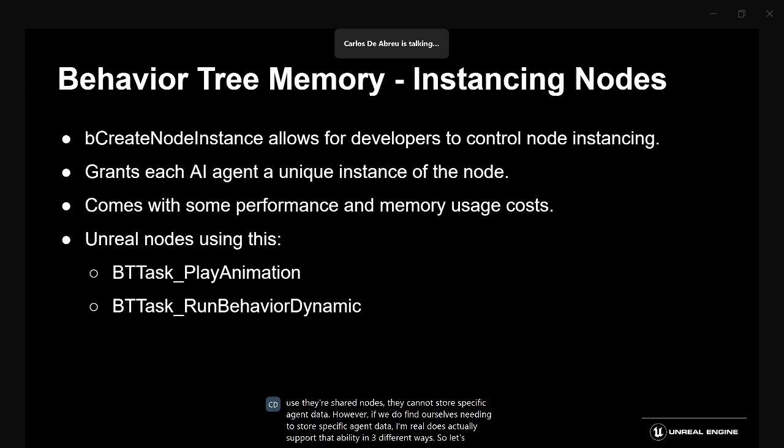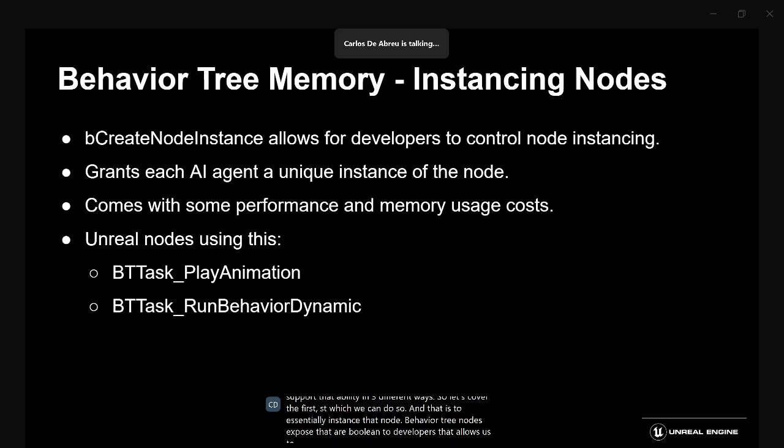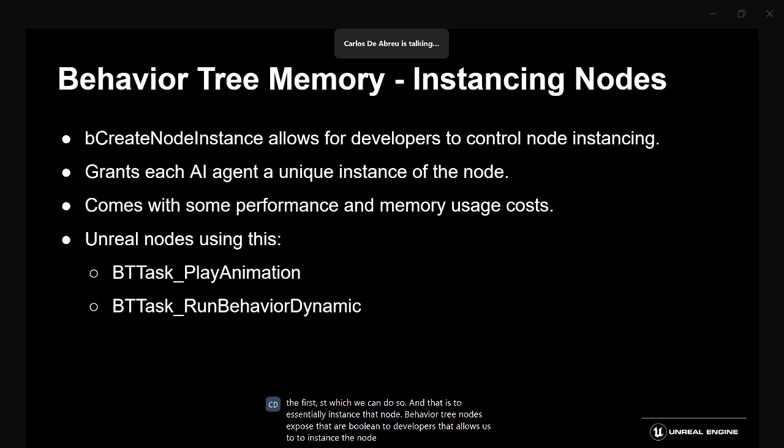So let's cover the first way in which we can do so, and that is to essentially instance that node. Behavior tree nodes expose a Boolean to developers that allows us to instance the node, and that is the bCreateNodeInstance Boolean. If this is set to true, then this will grant each AI agent using that behavior tree a unique instance of that node.